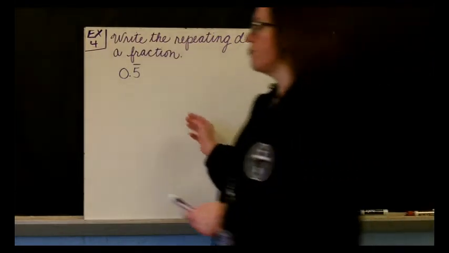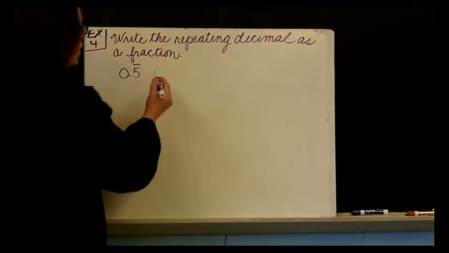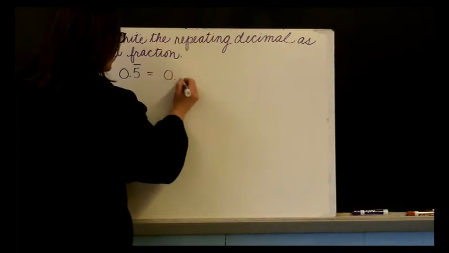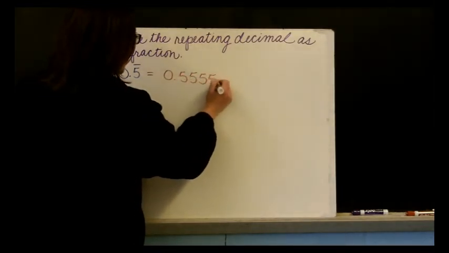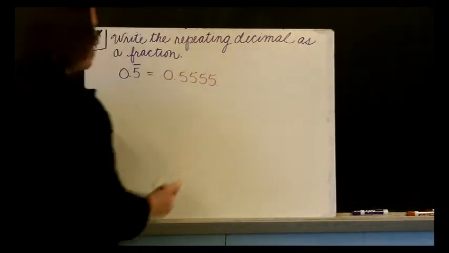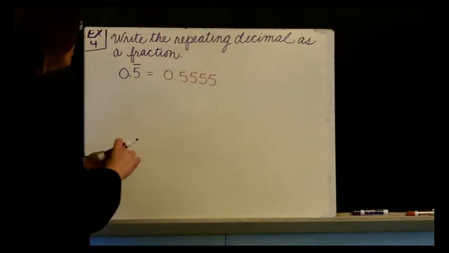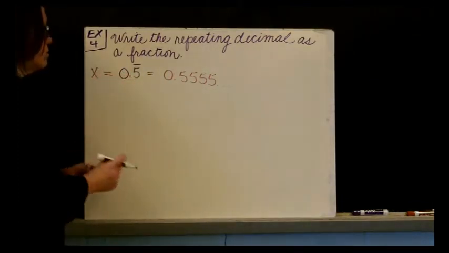When we have a repeating decimal, this one is 0.5 repeated. And what we want to understand first is that this means 0.5555 into infinity. Now what we're going to do for this method involves calling this x.